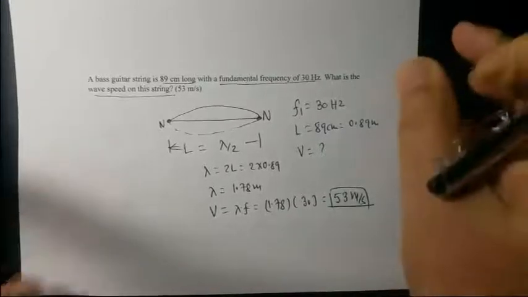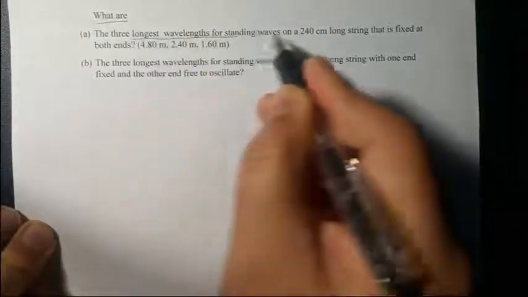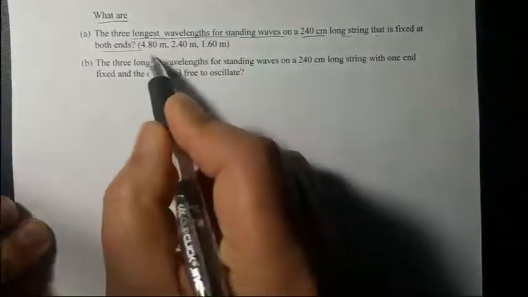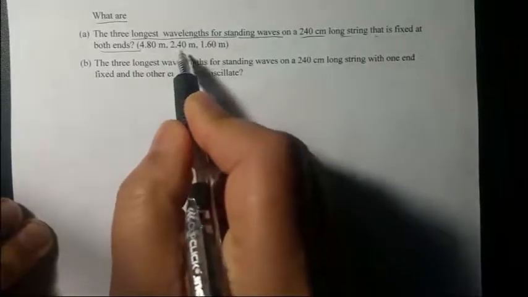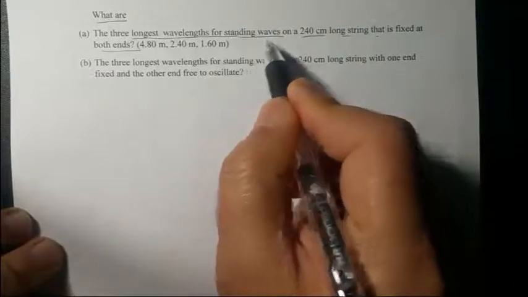Okay, so the next problem is like this. It has two parts. What are the three longest wavelengths of a standing wave on a 240 centimeter long string fixed at both ends? So you're finding the first three longest wavelengths for a standing wave pattern.